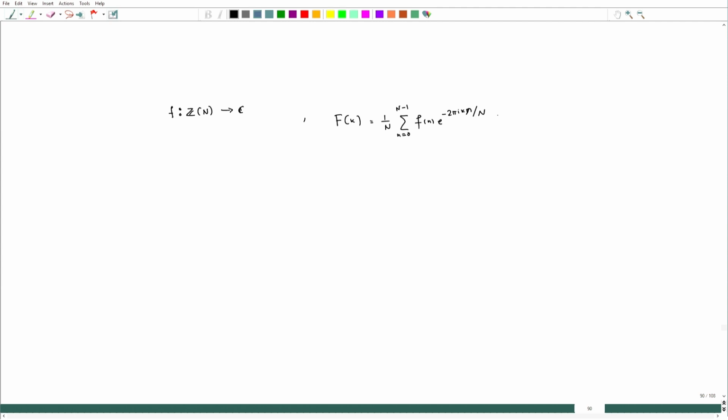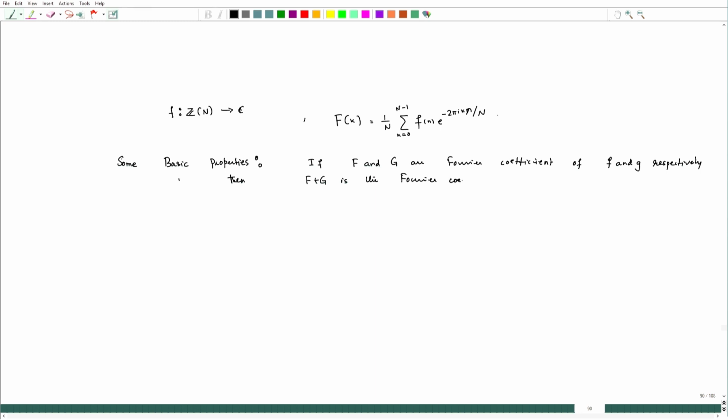Okay. So, then easily one can see some basic properties: if f and g are Fourier coefficients of functions f and g respectively, then f plus g is the Fourier coefficient of f plus g.